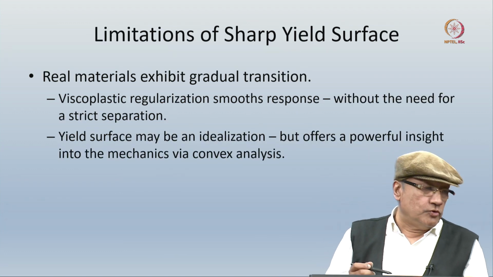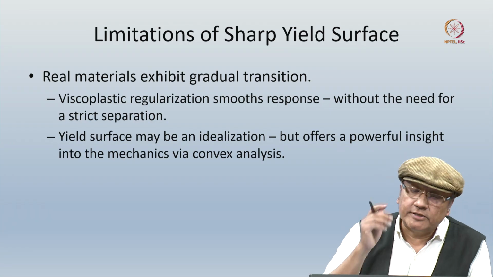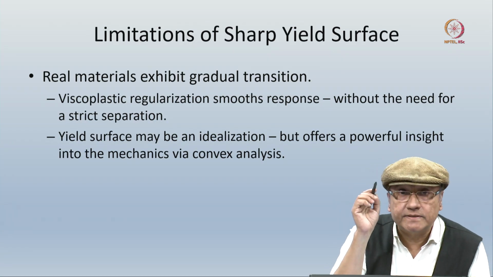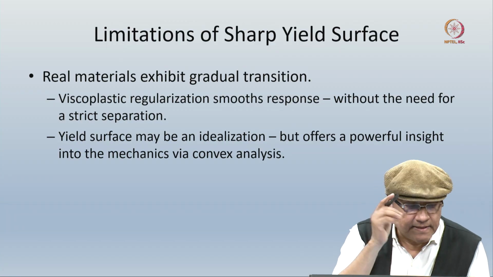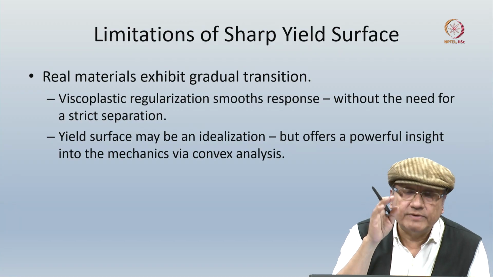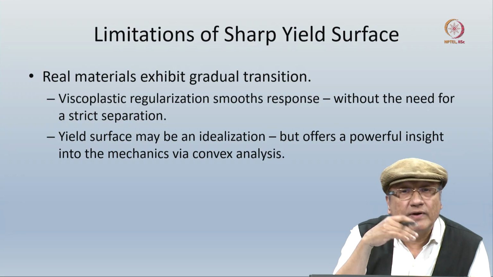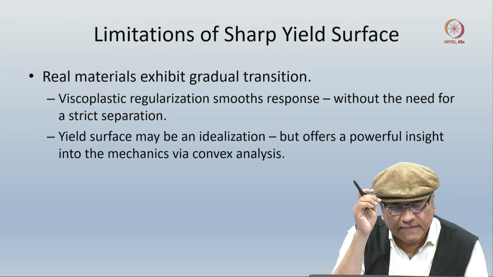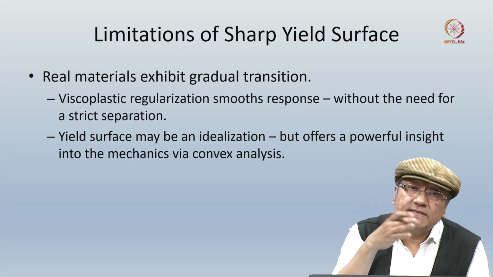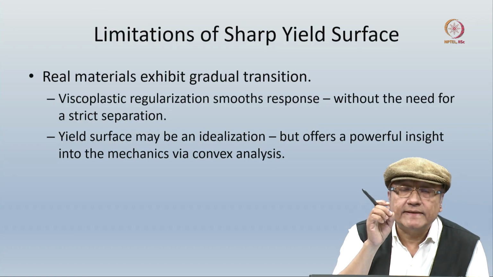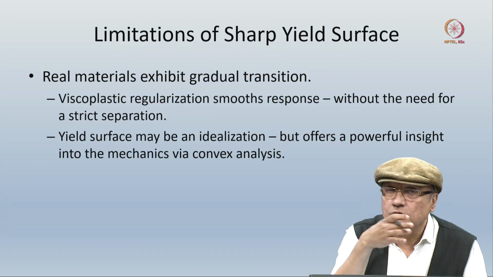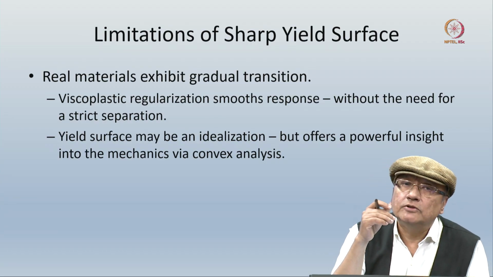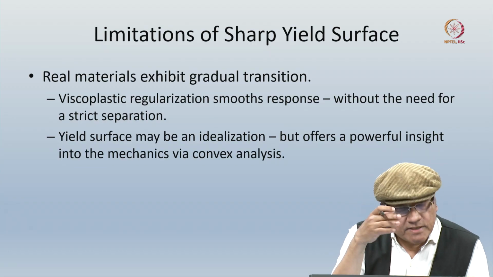But of course, we can talk briefly about the limitations of a sharp yield surface. We have already been talking about it in one of the slides. Real materials basically exhibit gradual transitions. And as I have been saying, the stress relaxation time is very large for metals under normal temperature range, and that is typically true.